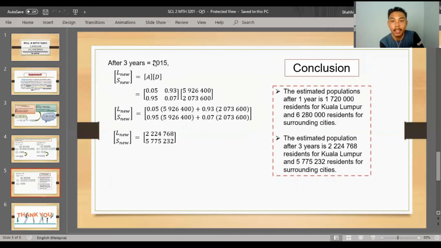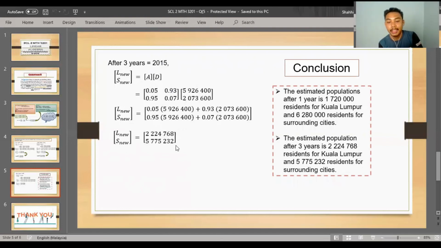Because we want to find 2015. So the same steps, we just need to do the multiplication between matrix A and D, as we all know already.